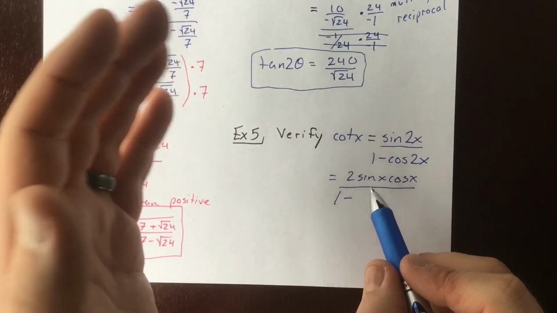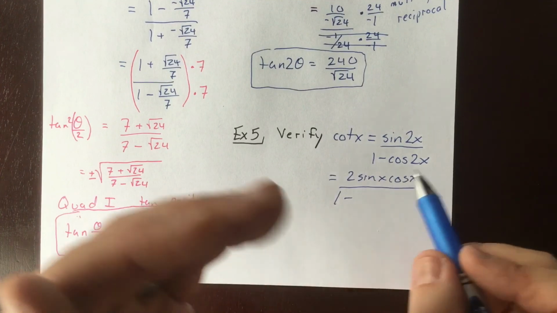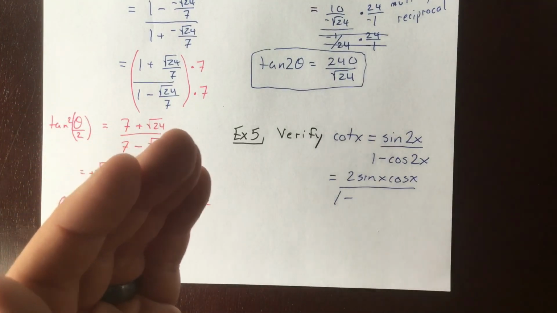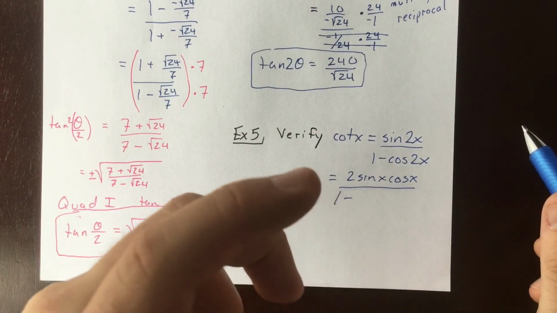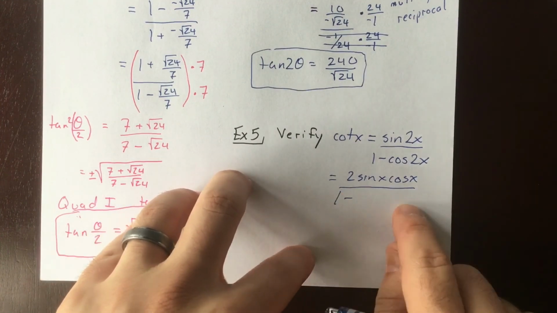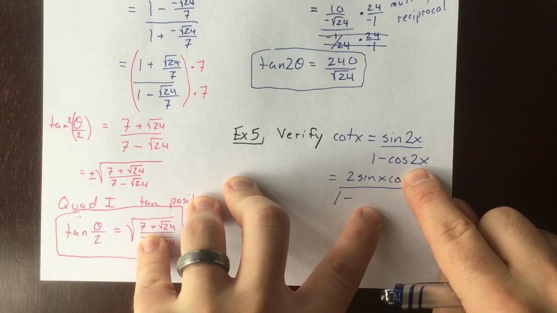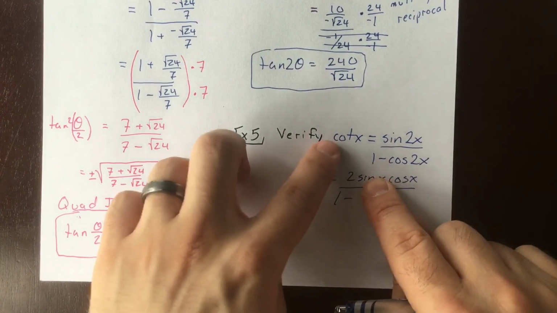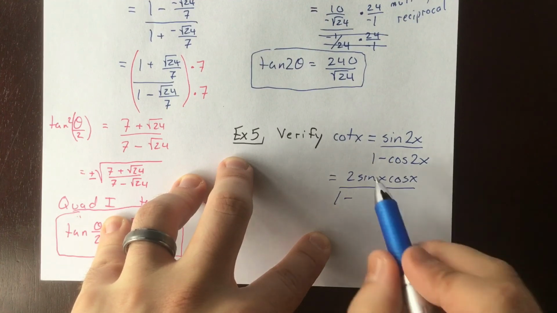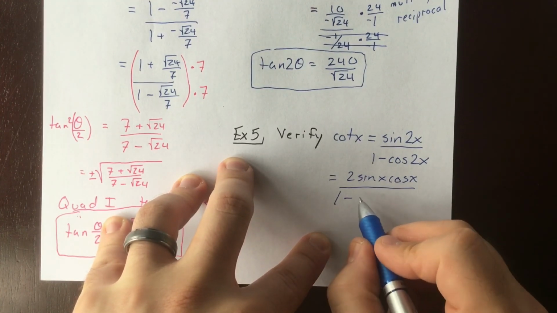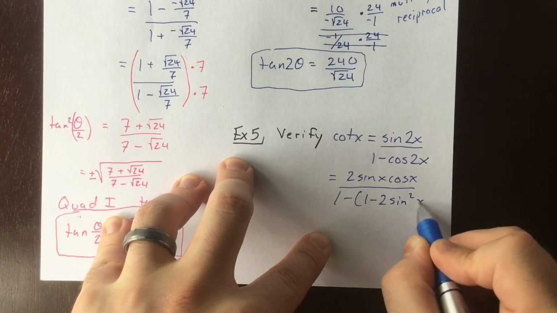So I have my 1 minus 2 sine squared, or I believe it is 2 cosine squared minus 1. If I plugged in 2 cosine squared minus 1, yes, my 1's will cancel, but so would my cosine on top, which would lead me to tangent at the end. So I want my cosine to stay there and remove this sine. So I'm going to use my 1 minus 2 sine squared.